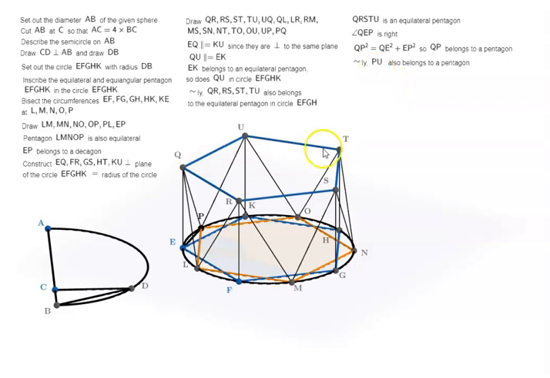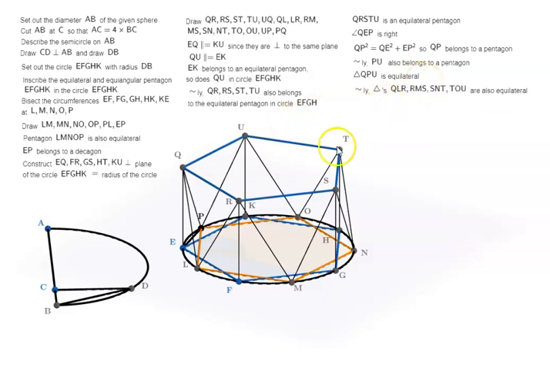Similarly, we can show that PU also belongs to a pentagon. So that means QP, PU, and QU, all three belong to the pentagon inscribed in this circle, EFGHK. That means they are all equal to each other. So triangle QPU is equilateral.